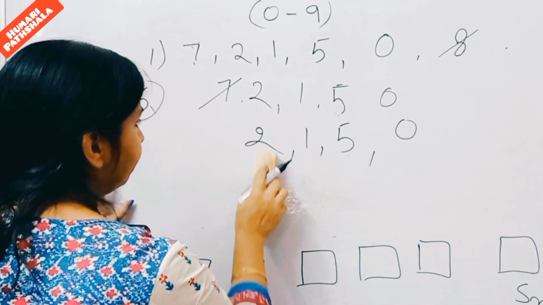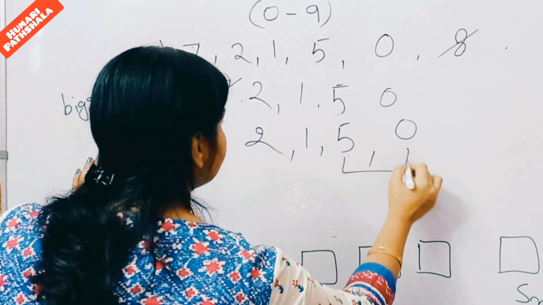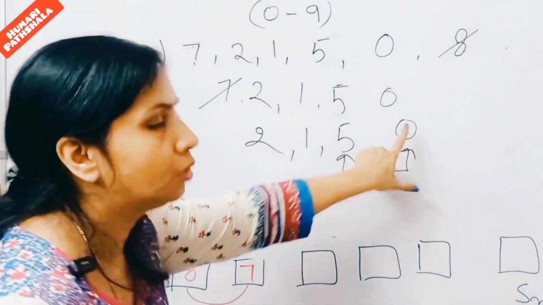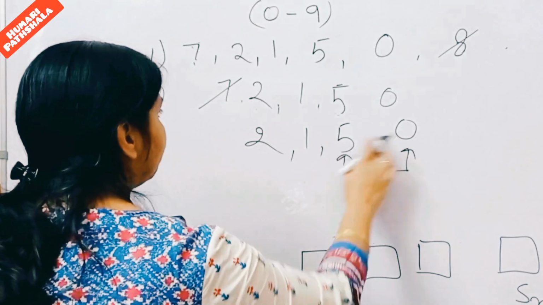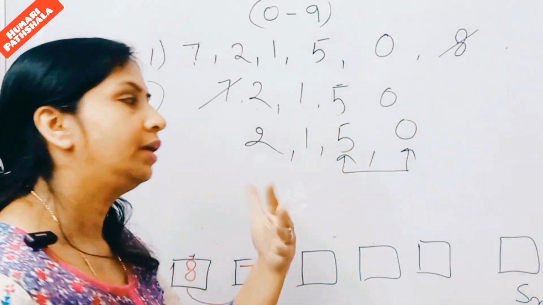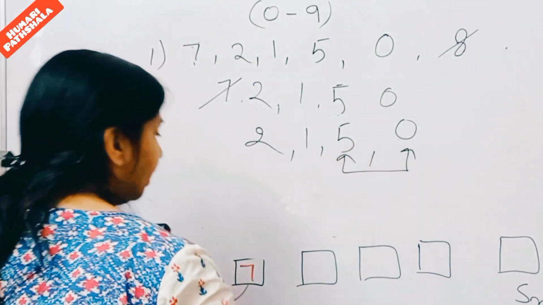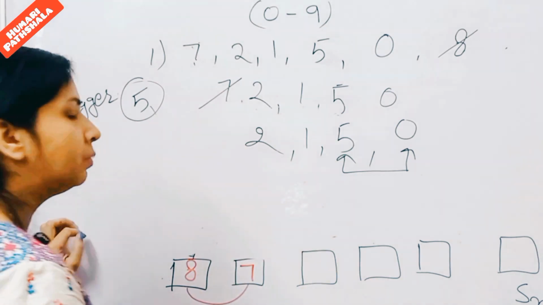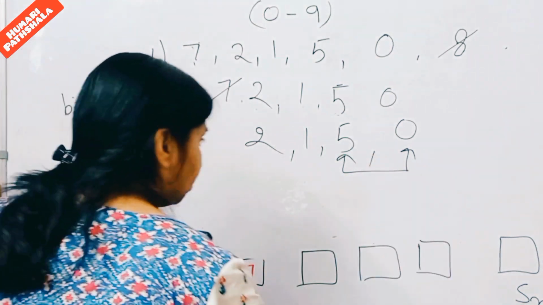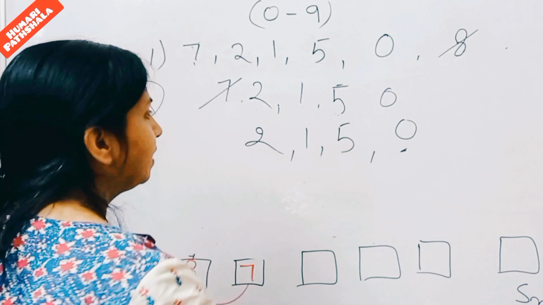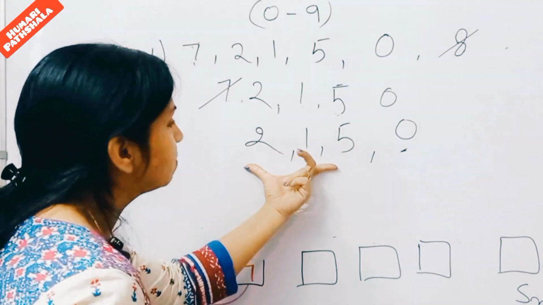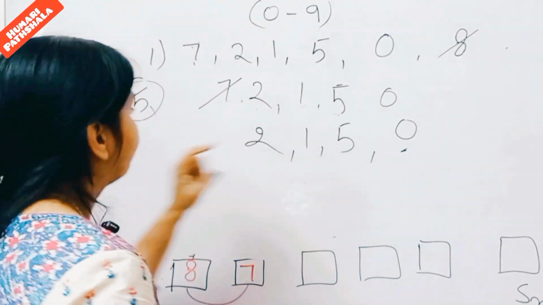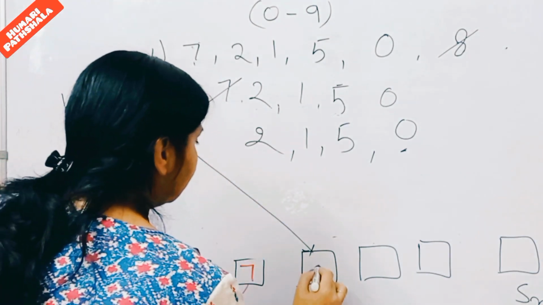Now compare 5 with the next number, 0. When we compare 5 with 0, the bigger number is 5. So the biggest number in the left out numbers is 5, and we'll write 5 here in the third block.